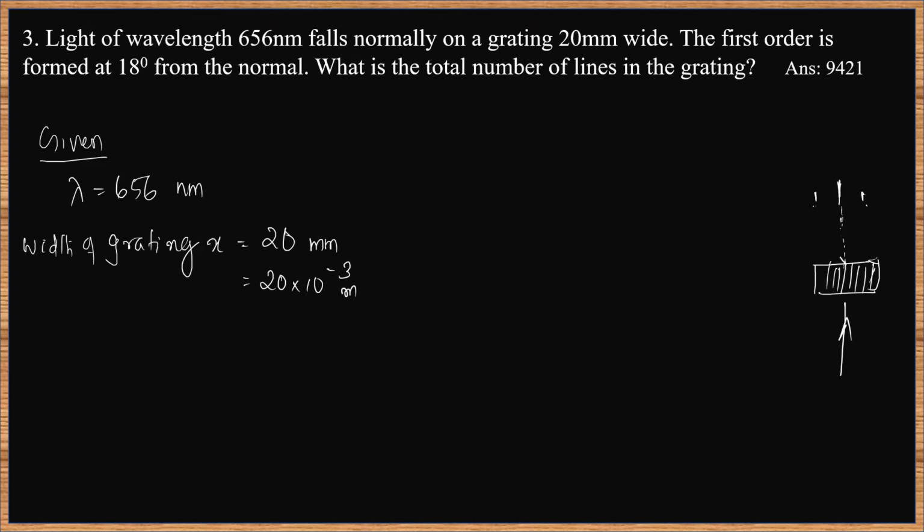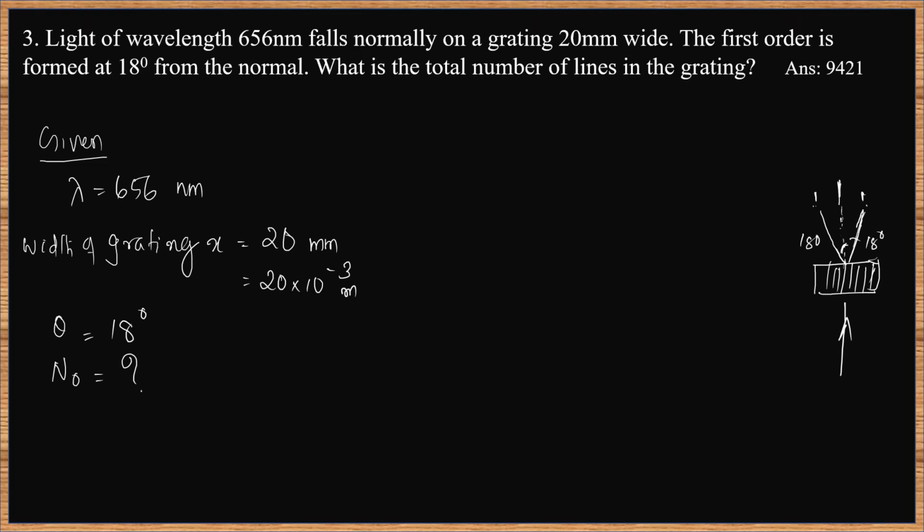This is the angle which the first order makes with the normal, here it is 18 degree. This is called the angle of diffraction. So theta, the angle of diffraction, is 18 degree. We need to find the total number of lines in the grating. Total number of lines is n0. We need to find n0.